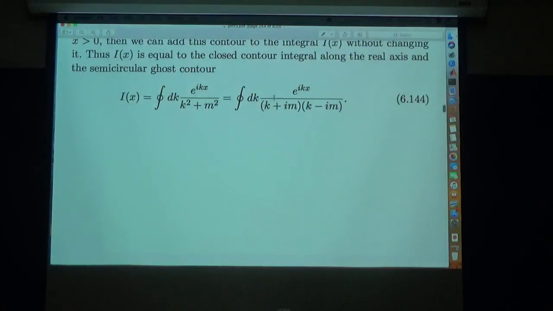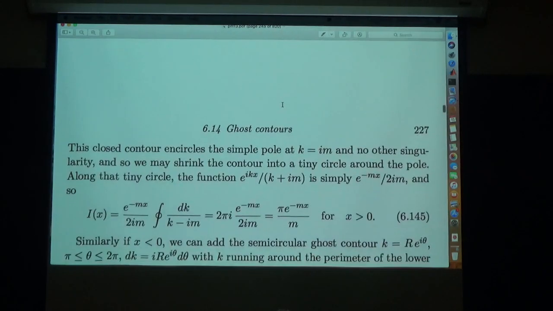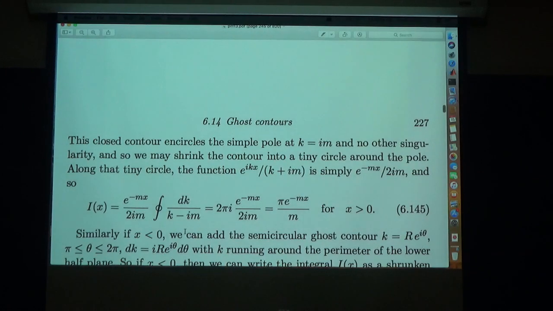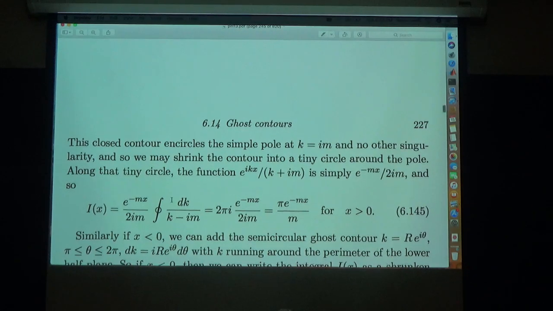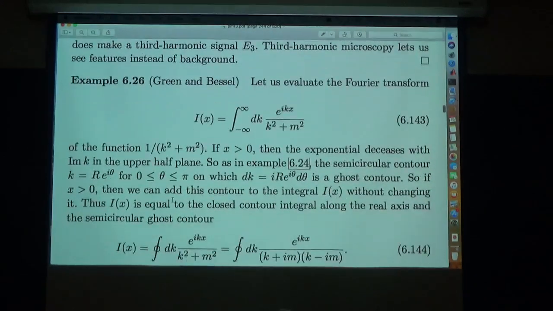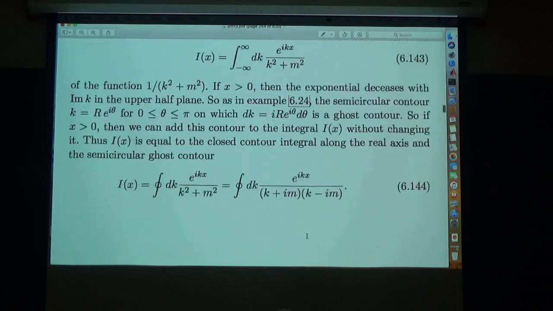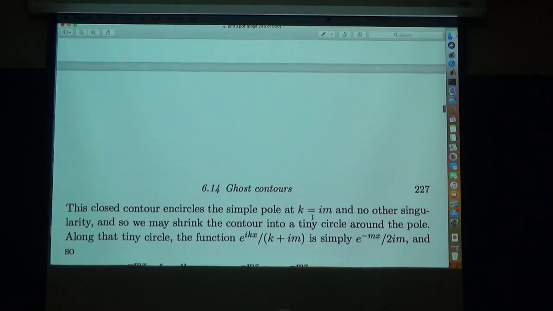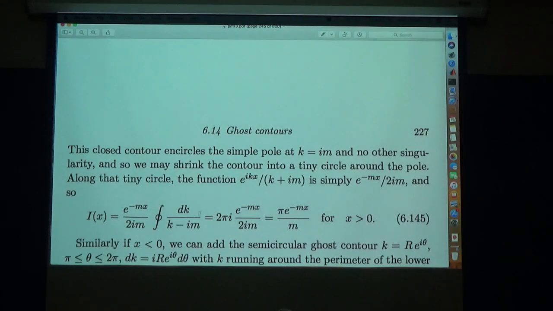When we do that, this other part turns into 2im, because k is essentially im. Since k is im, this is e to the minus mx, so that's where the e to the minus mx comes from. Then you just have the integral of 1 over k minus im going around, which gives us a 2 pi i. And so we get this as the answer.